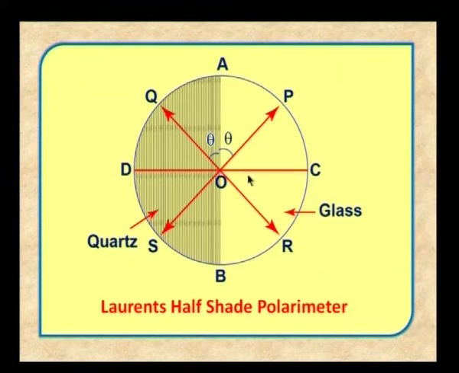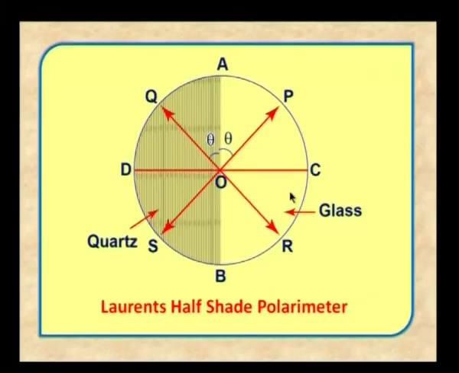So, you have to rotate the analyzer so that the two halves are equally bright or equally dark without the solution, and then when you have the solution, through what angle again the analyzer should be rotated in order that the two halves are equally bright or equally dark. That is your angle alpha. That is what you obtain from the Lorentz half shade polarimeter.